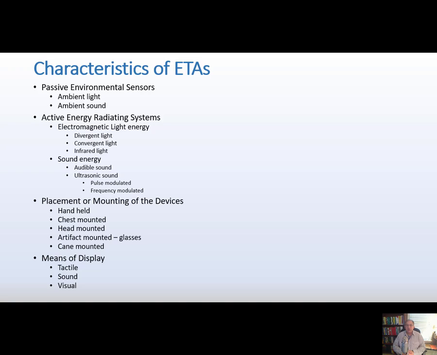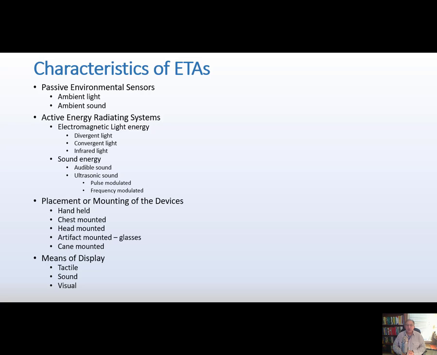The passive devices collect ambient energy, so they receive existing information from the environment. It may be that they are gathering ambient light to give information about where somebody might be on a path, or whether there's an obstacle in front that might block out light. Or maybe it's ambient sound, amplifying sound reflections that might bounce from walls or buildings. Those would be passive devices. And those were the earliest devices.